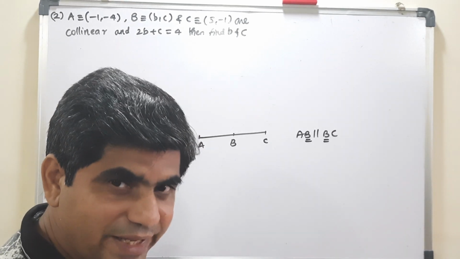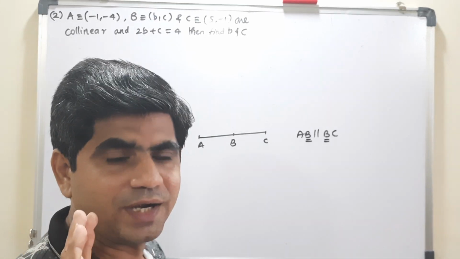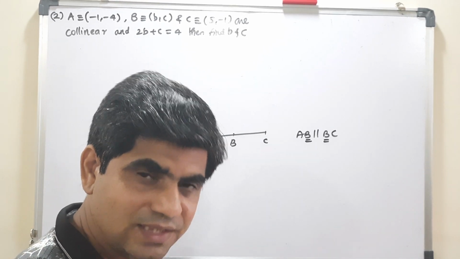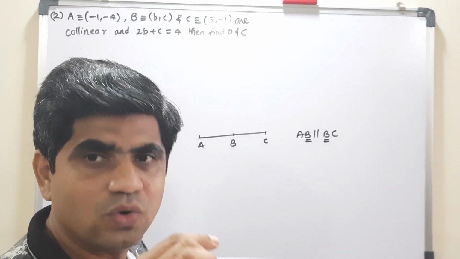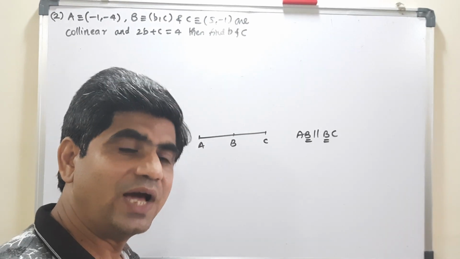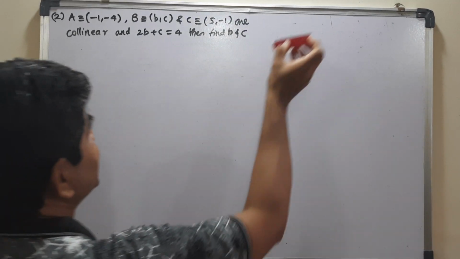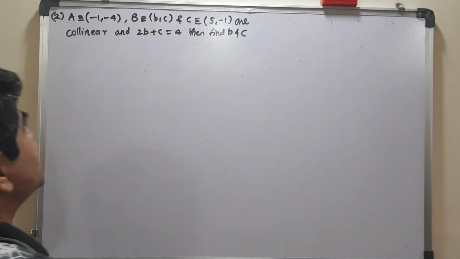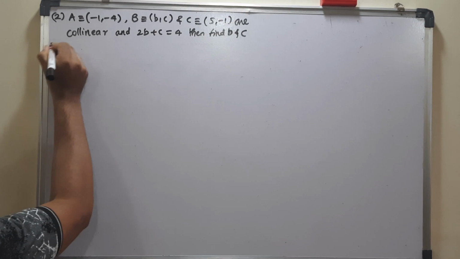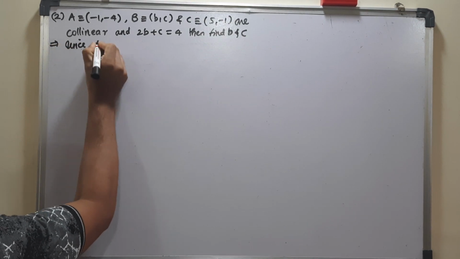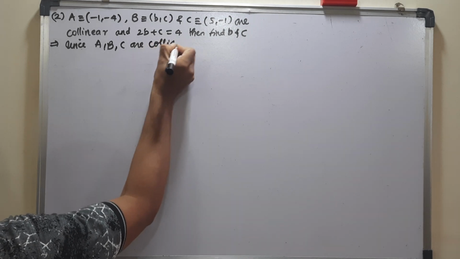So parallel lines having a common point indicates that they are collinear and they will have the same slope. So here I am being given that already A, B, C are collinear. That means the slope of AB, that is, A, B, C are collinear.